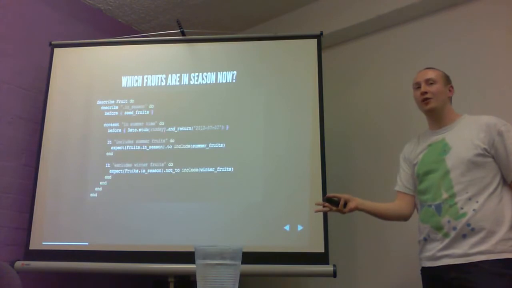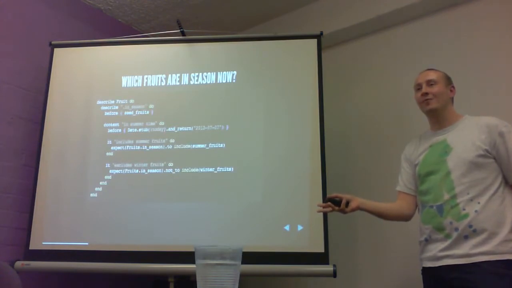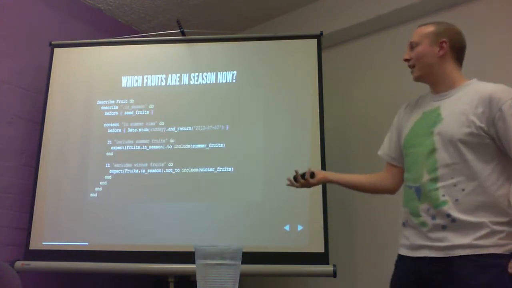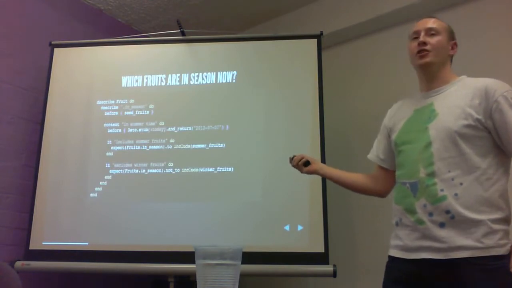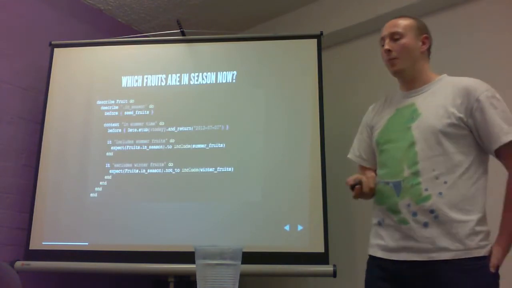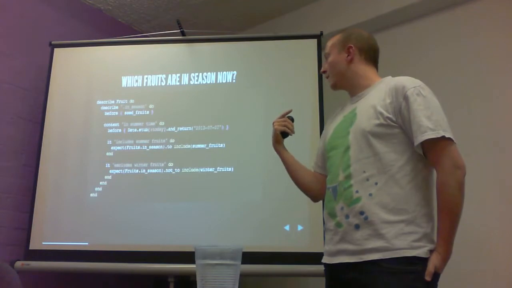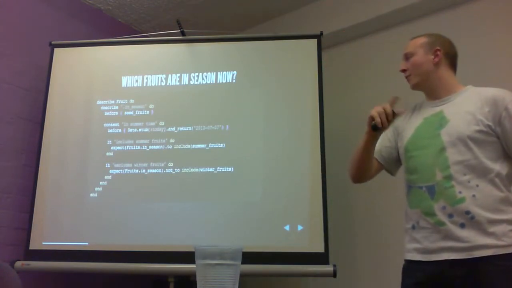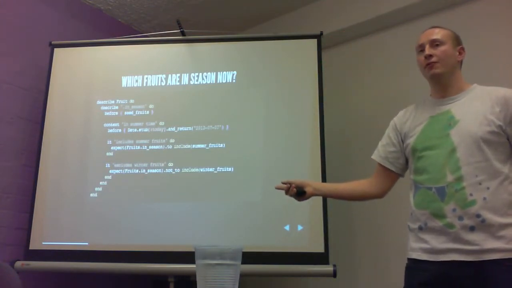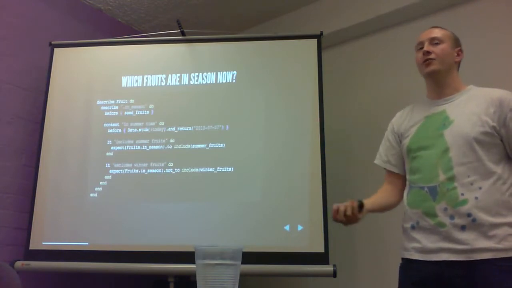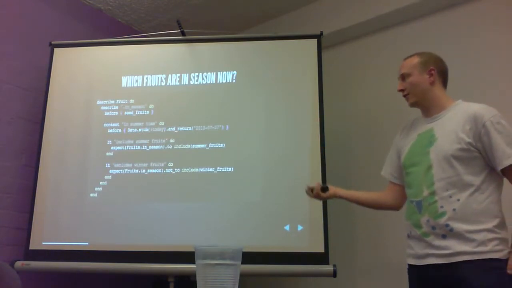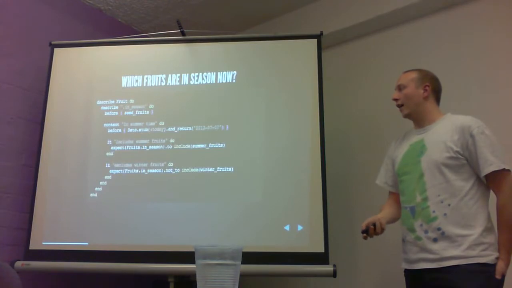So I'm sure we've all used timecop. This is a naive version of what timecop does. You give it a time, it stubs out all of the date and time objects that Ruby has, so you consistently get an artificial time back. So this is just a simplified version of that.